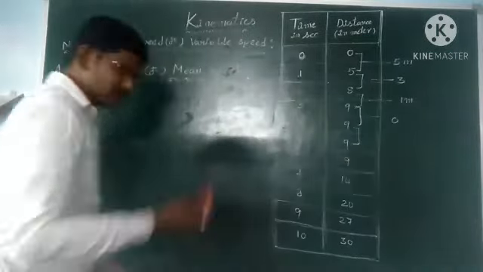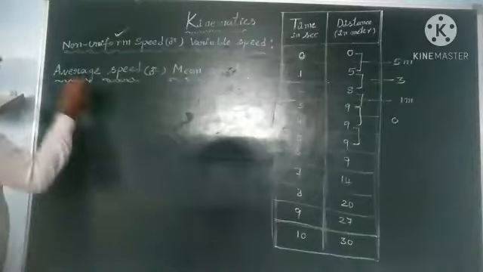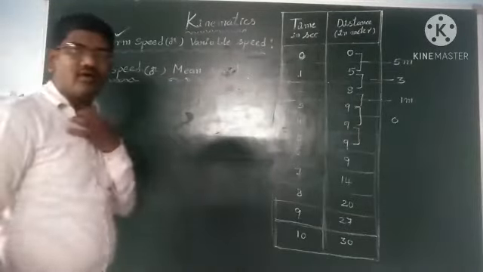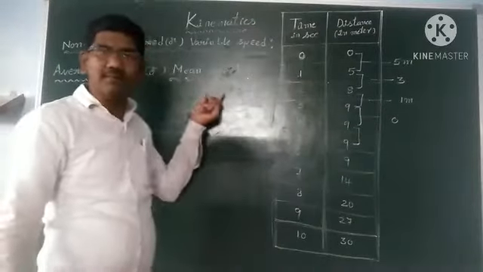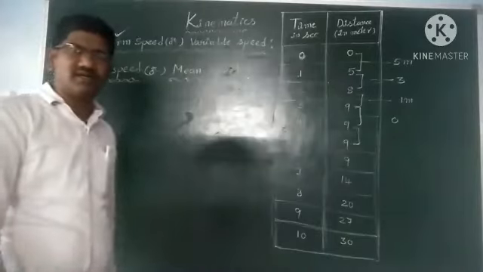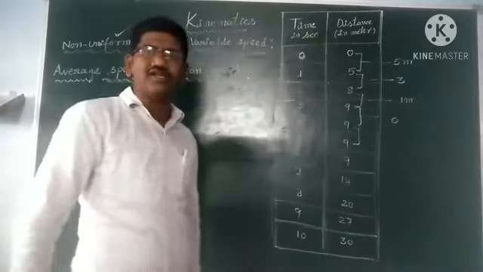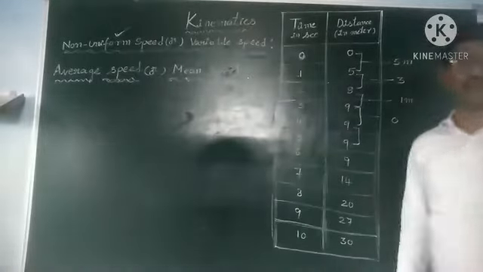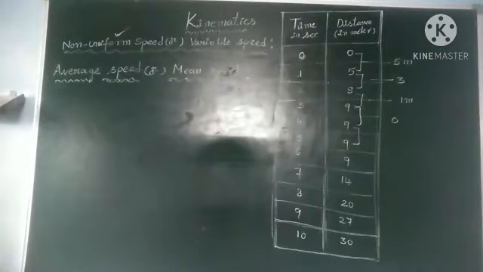Okay students, now we can see what is average speed. Average speed, or another name for this is mean speed. Average speed of an object is defined as the ratio of total distance traveled by the body to the total time taken.